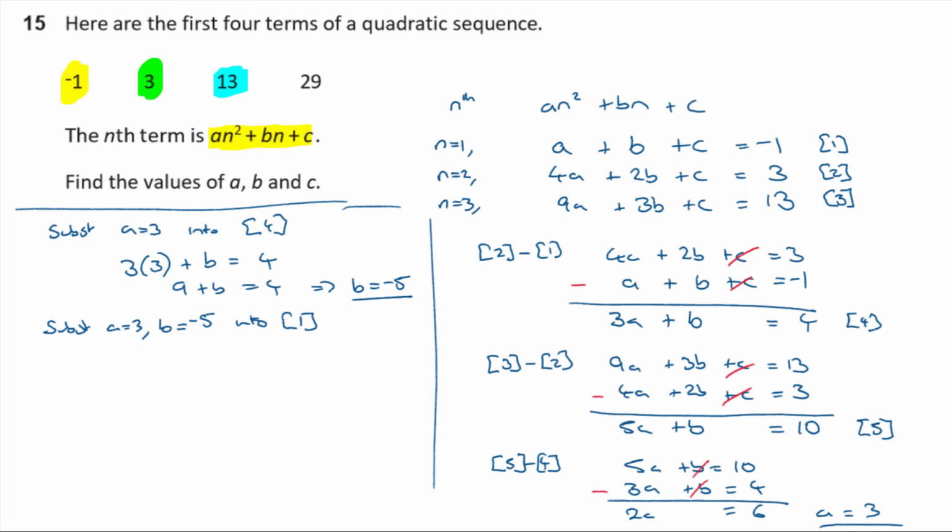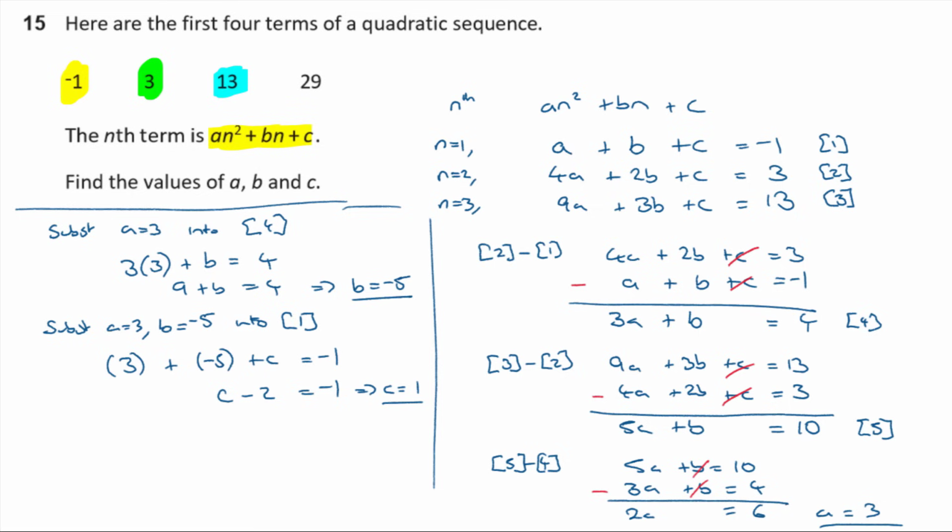What have I got? a plus b plus c is minus 1. Well, a I said was 3, plus b, which we worked out was minus 5, plus c, which we don't know yet, that is equal to minus 1. So 3 minus 5, that's minus 2. So c minus 2 is equal to minus 1. Adding 2 to both sides, that tells me that c is equal to 1.